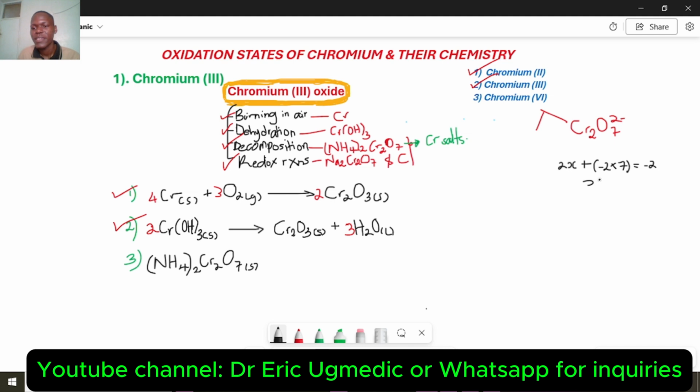So go on to make X the subject. This will give us negative 2 plus 14. That will be 12. 12 divided by the 2. That will give us, have I done it well? Yes, 12 divided by 2, it will give us 6. So that's why we call it dichromate, but in the oxidation state of plus 6. So whenever I see this, just know that is a plus 6.